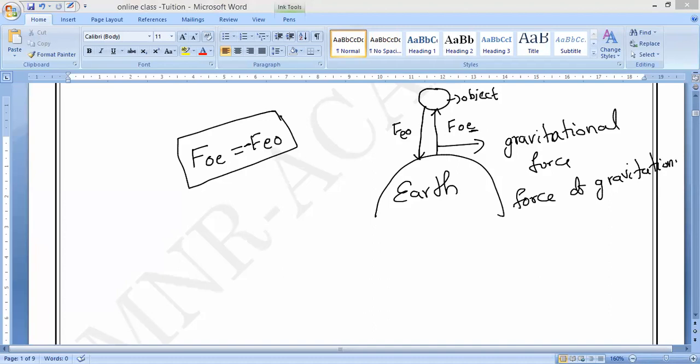I have dropped a stone from my terrace. Then it will accelerate and fall towards the ground, towards the earth. Why? Because the stone comes down due to the gravitational force exerted by the earth. That is what you have to remember.